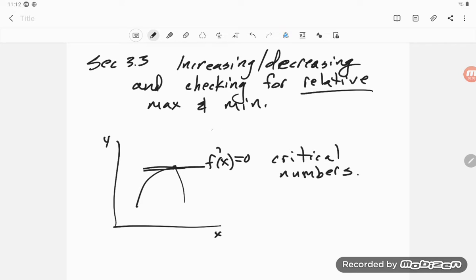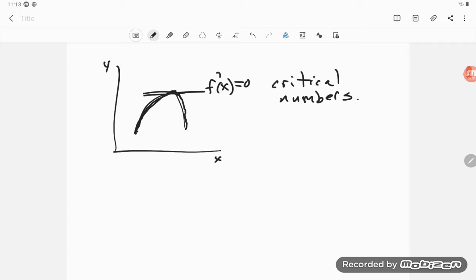For a maximum, as I come in from the left, the function is increasing, getting bigger and bigger, and then it hits that maximum, and then it's decreasing, getting smaller and smaller as I move from the left to the right. So what do we mean by that algebraically?